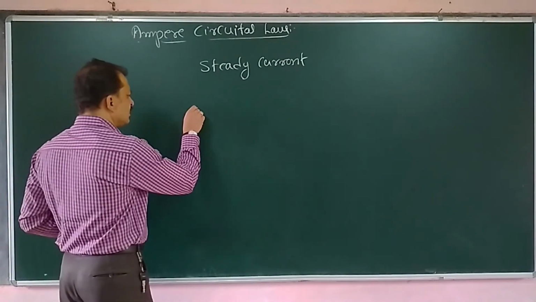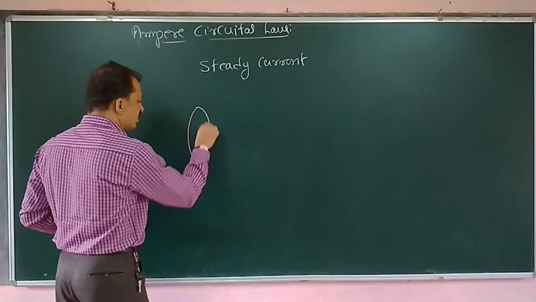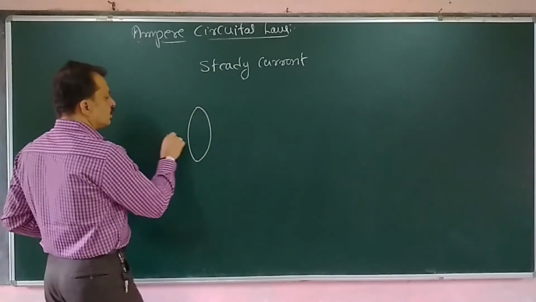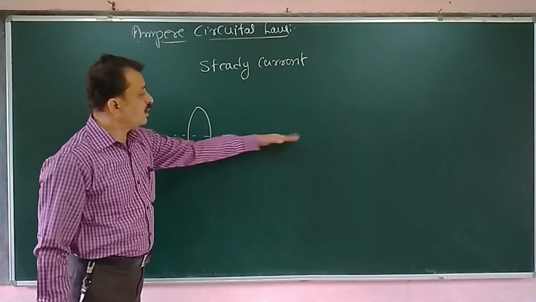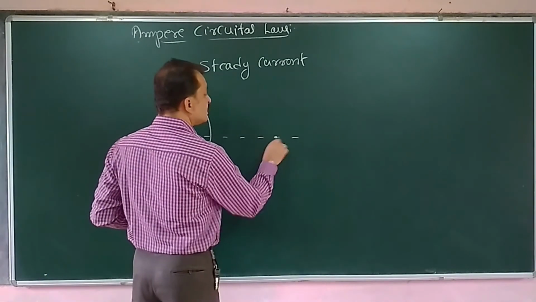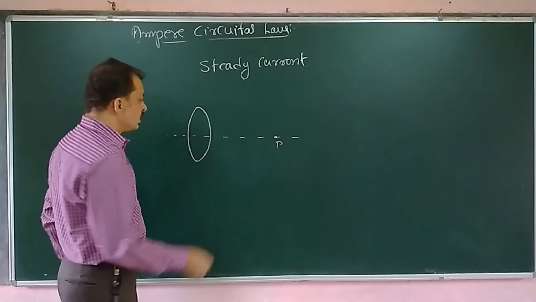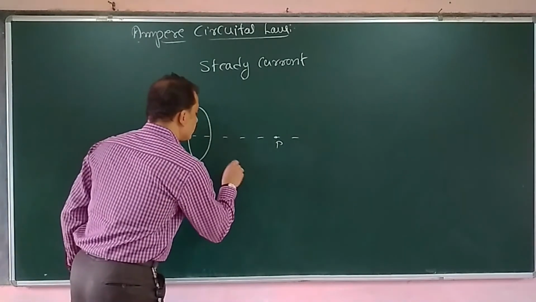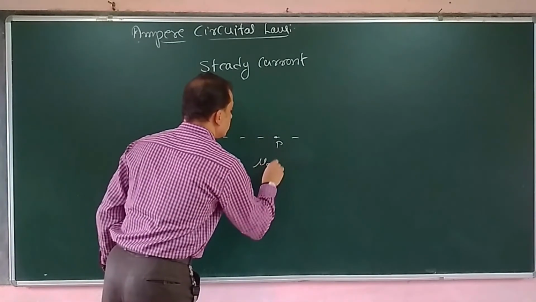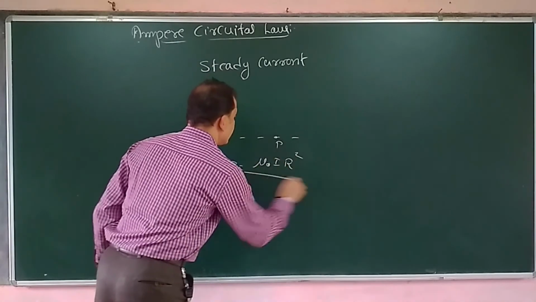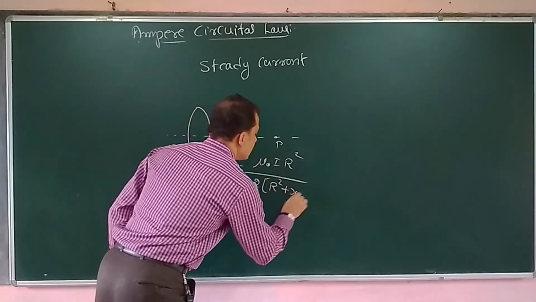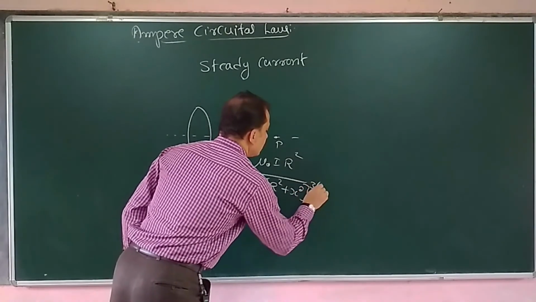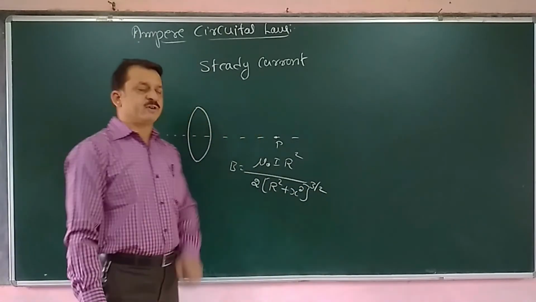Now one is, if we have a circular loop and we have obtained the expression for magnetic field along an axial point here, okay? Now that expression is B is equal to mu naught I R square divided by 2 into (r square plus x square) to the power of 3 by 2 that we have derived.